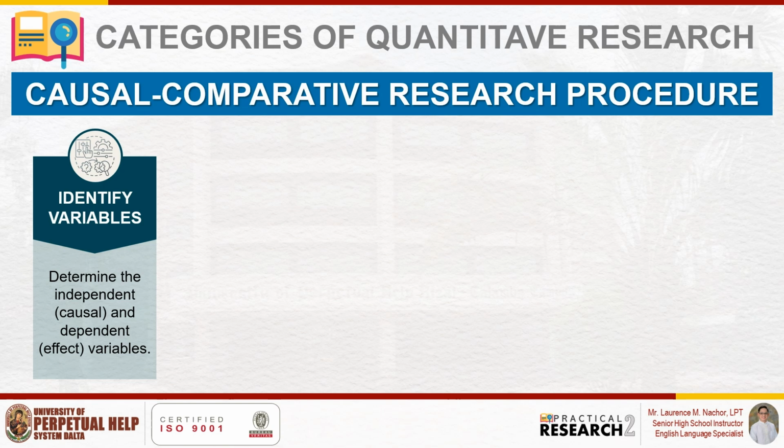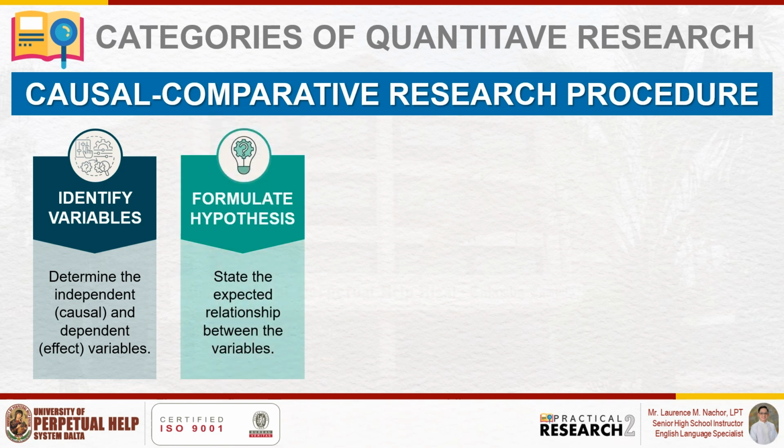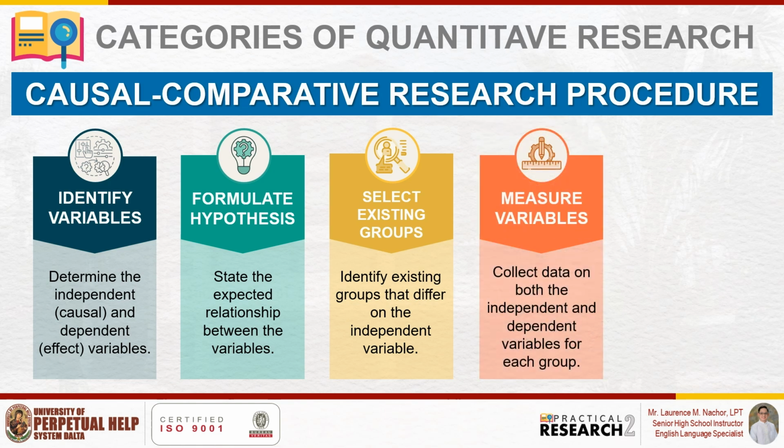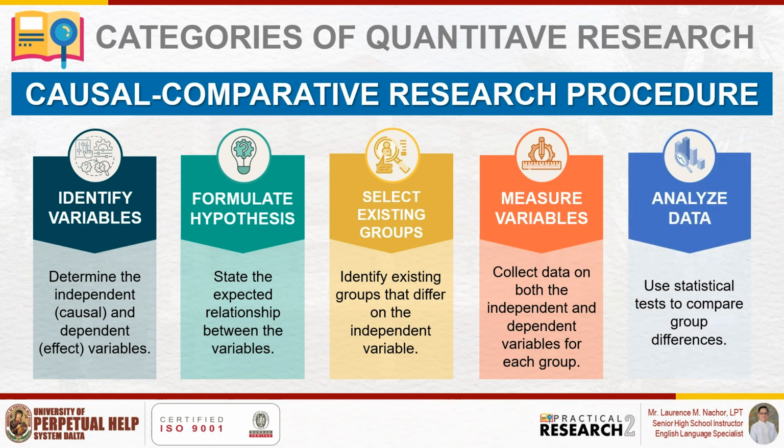So here are the different processes under causal comparative research, or the different procedure. So we have identify variables. So here, determine the independent, causal, and the dependent or the effect variables. Second one, formulate hypothesis. So state the expected relationship between the variables. Third is select existing groups.